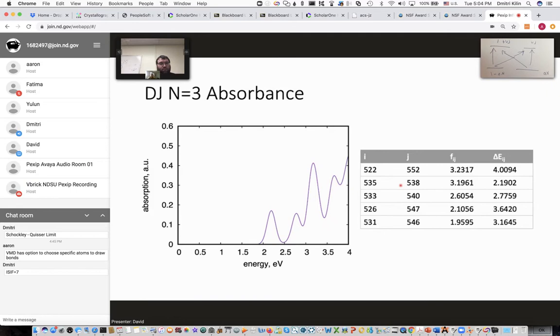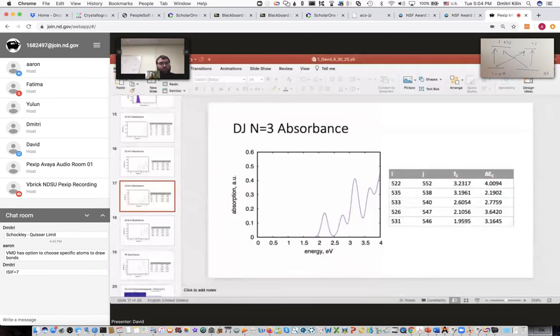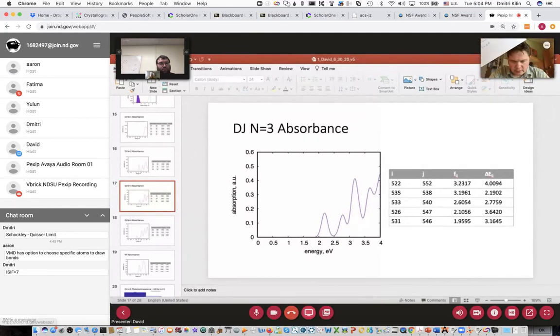Your screen has been frozen the entire time, your video screen. Oh, okay, so I can't see what you're showing. I will probably disable and re-enable. Did it unfreeze?